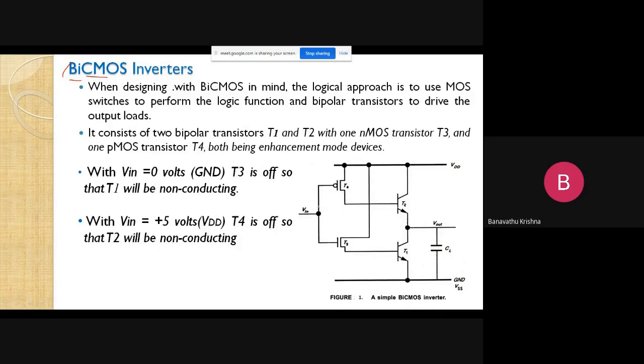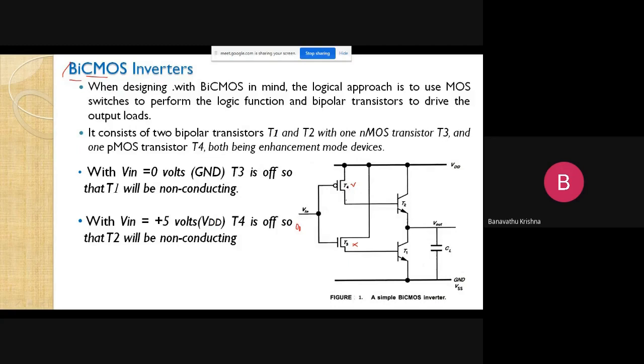Firstly, I want to check whether it performs the inverter operation or not. Here I am going to apply my input as 0 volts. Then T4 goes to the on condition and T3 goes to the off condition. If T4 is on, VDD is connected, and these two terminals act as a short circuit.